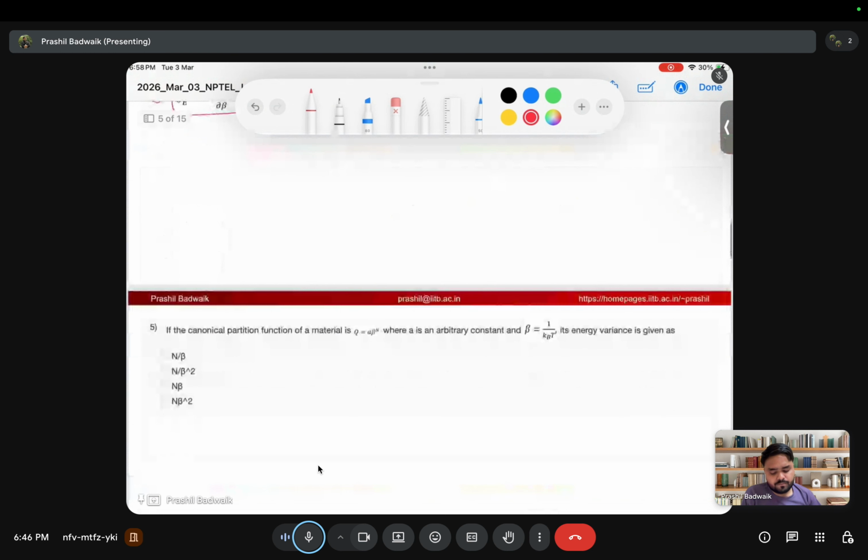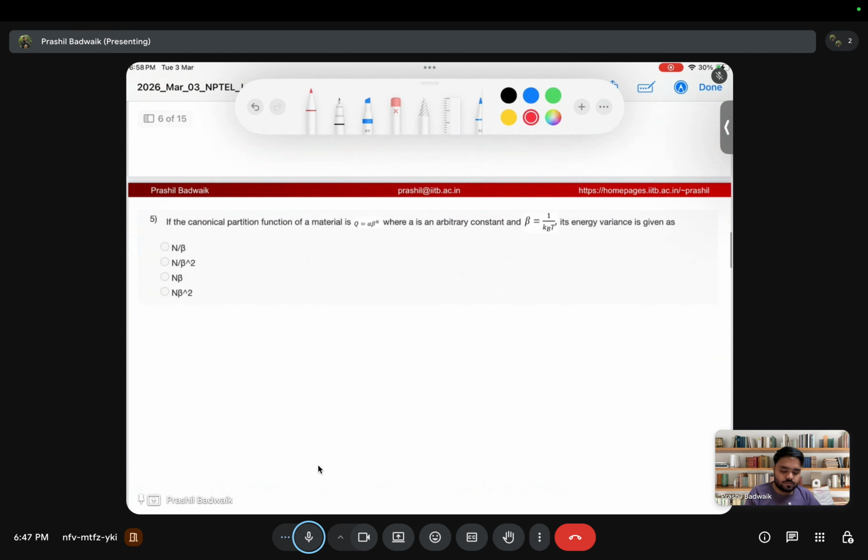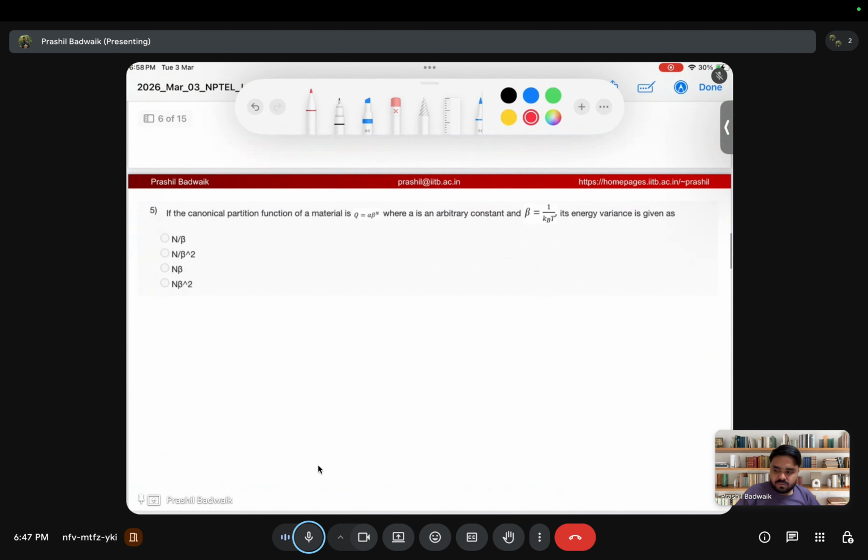So let us now solve question number 5. Question number 5 is there on your screen. It is written, what is the canonical partition function. The expression is given as alpha beta raised to the power n, and here beta we know is 1 upon kbT.